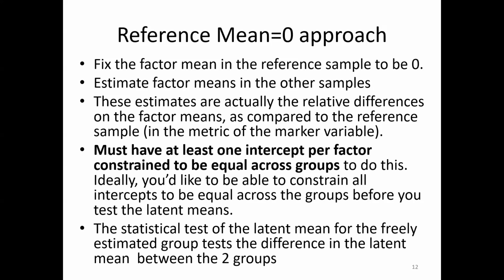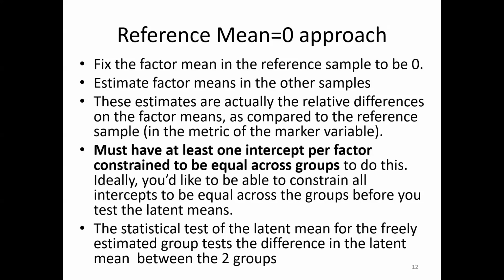So let's say I do this and I fix the factor mean in group 1 to be 0, and the factor mean in group 2 is 0.5. That means that group 2 scores, again, I hate to say scores because it's a latent thing, but group 2 is 0.5 higher on the latent mean than group 1 is. And the nice thing about that is that we actually get a test of statistical significance for every parameter in our model.